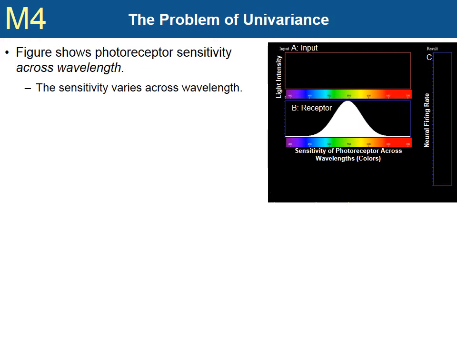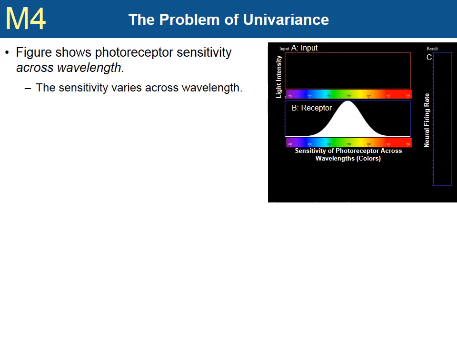Let's consider what happens when all functioning photoreceptors have the same sensitivity to wavelength, as rods do. The figure to the right has three boxes. Box A is the input, that is, the light that is being presented to a receptor. Box B shows the receptor sensitivity to different wavelengths.